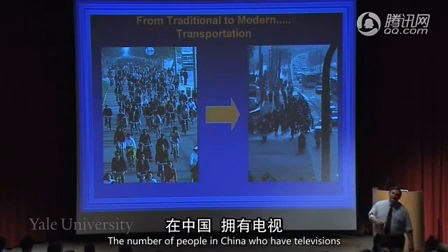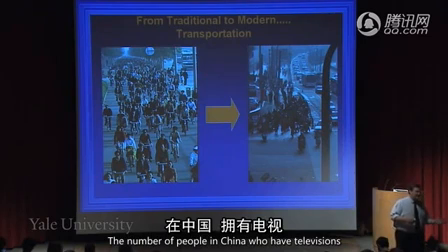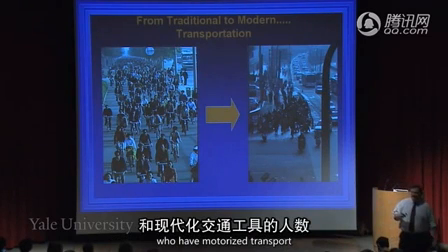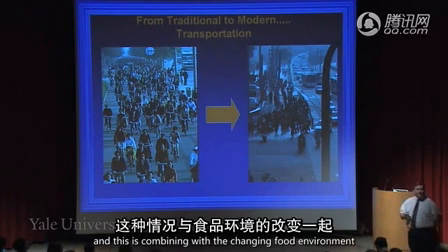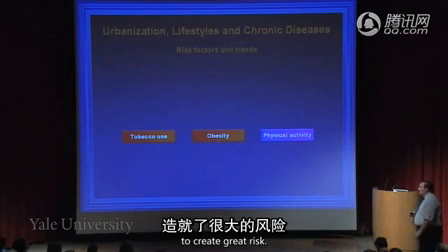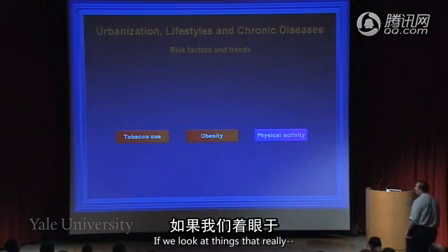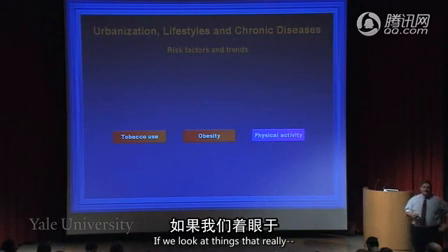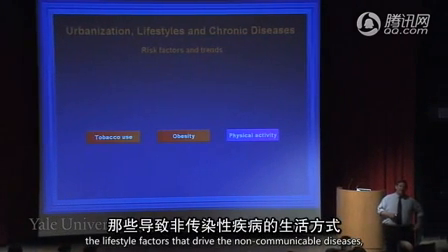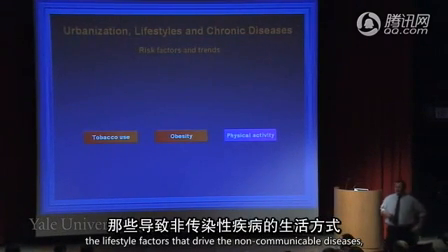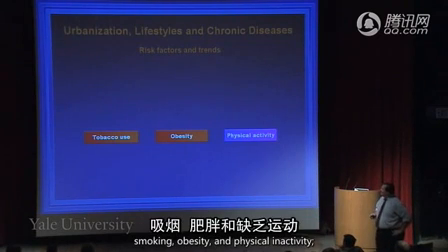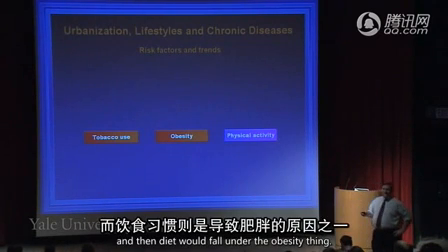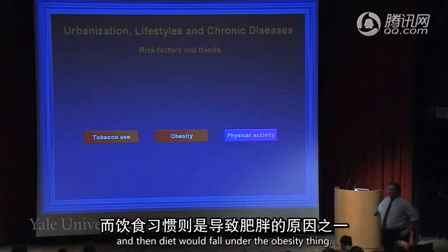So the number of people in countries like China who have a television, who have motorized transport, has increased a lot. And this is combining with the changing food environment to create great risk. So if we look at the lifestyle factors that drive the non-communicable diseases, the three big ones are smoking, obesity, and physical inactivity, and then diet would fall under the obesity thing.